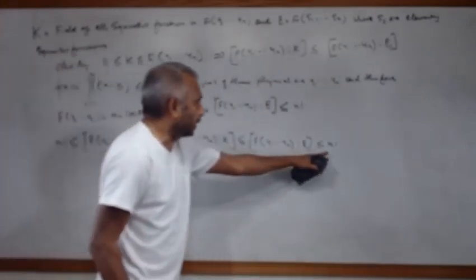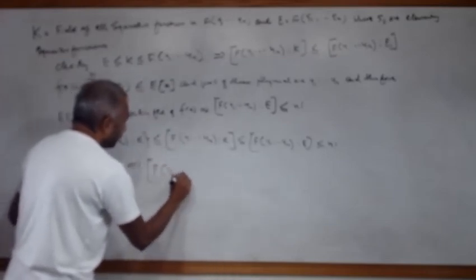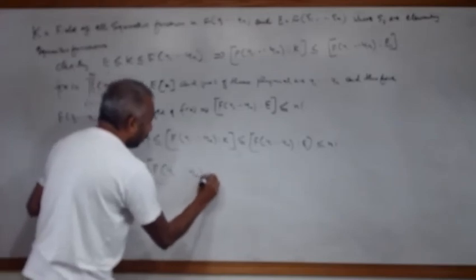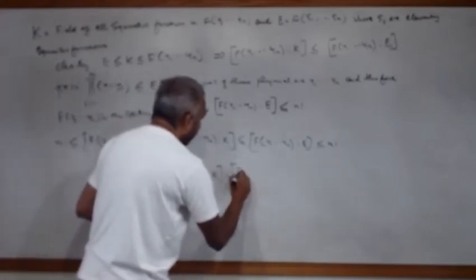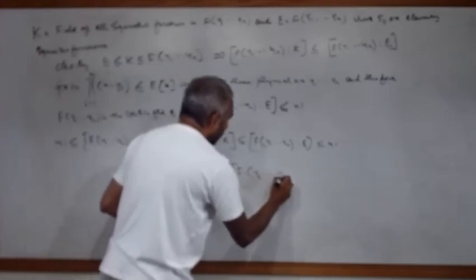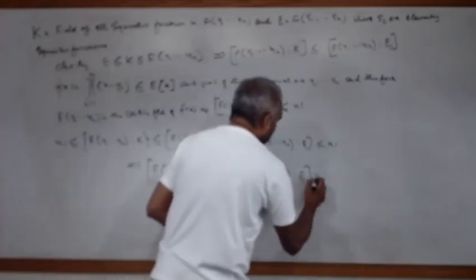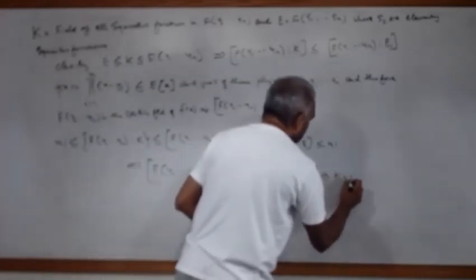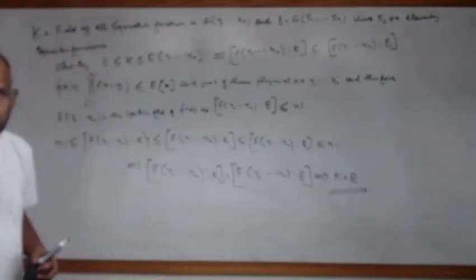So we started with n factorial and ended with n factorial, which means that these two are equal. This implies the degree of E of y1, ..., yn over K is equal to the degree of E of y1, ..., yn over E, and that implies K is equal to E, and that is a proof of the theorem.